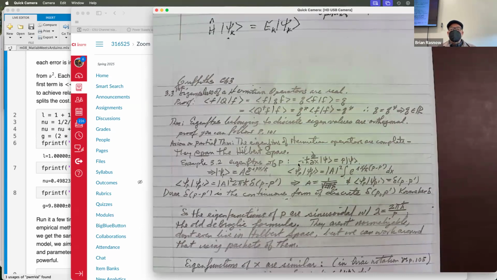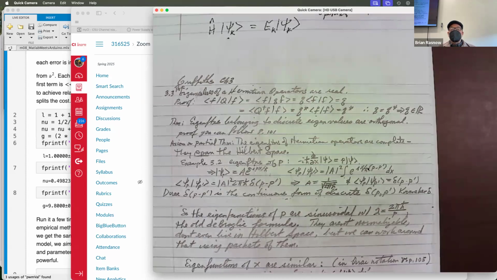So we can also normalize these, and that normalization will get them orthonormal. And to show that each one with a different value of p is orthogonal, according to the theorem, we integrate two of these functions, taking the inner product of psi p and psi p prime.